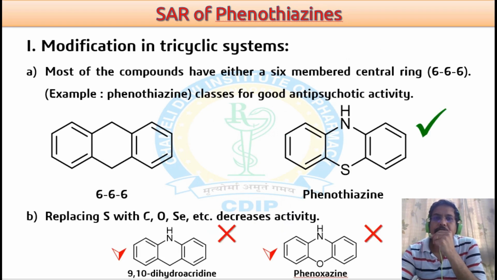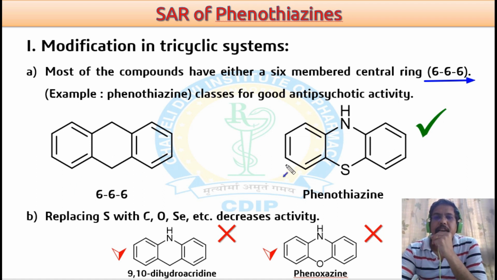So if you look for different modification, the first possibility is in the tricyclic system, that most of the compounds have 3 rings of 6-member.